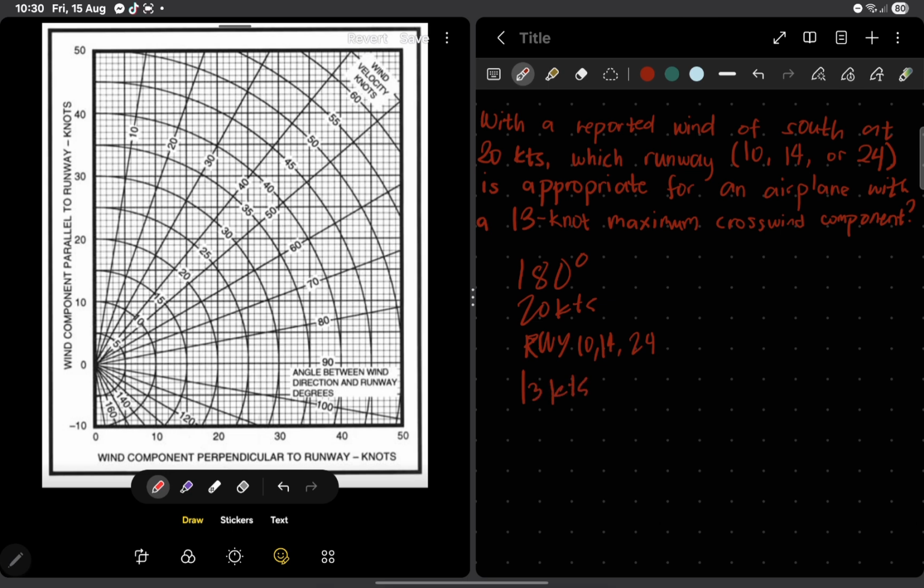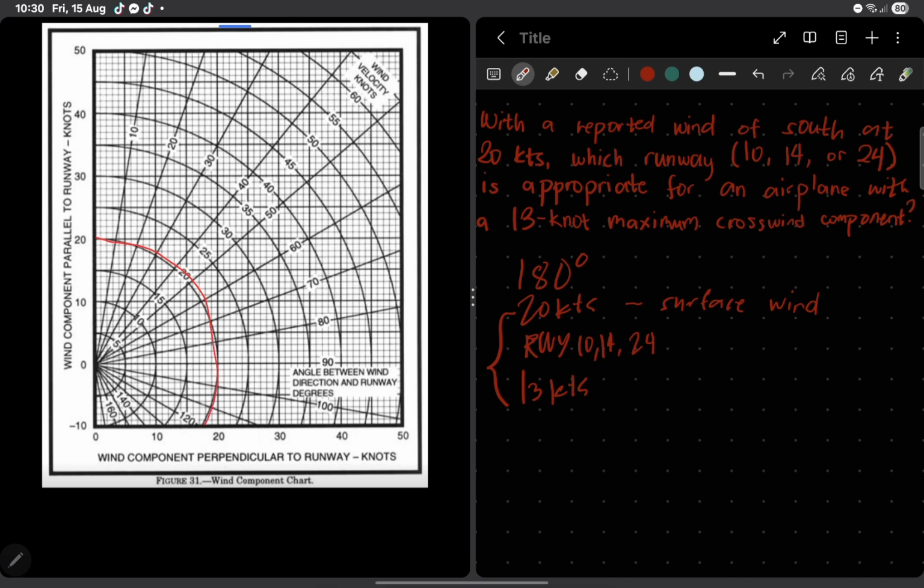What you want to look for first is your surface wind and your crosswind component. Take a look at your surface wind, or wind velocity, and look at the arc. This is going to be your arc because 20 knots. Next, take a look at your crosswind component. You start from 10, and you count 3 increments: 1, 2, 3.